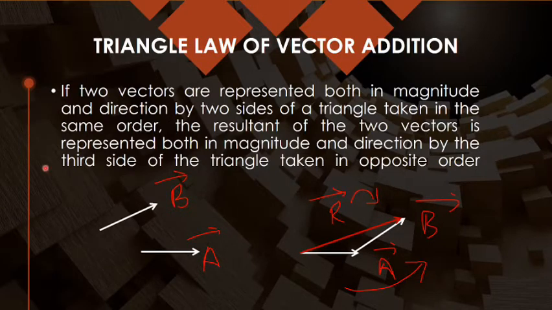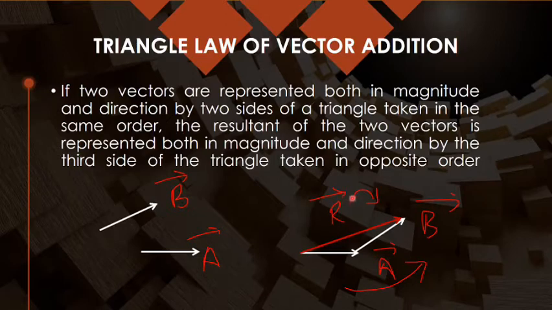So this point is to be noted that if two vectors are there, both in magnitude and direction, by the two sides of a triangle taken in the same order, both are moving in the anticlockwise order here, then the resultant is represented both in magnitude and direction by the third side of the triangle but taken in the opposite order.